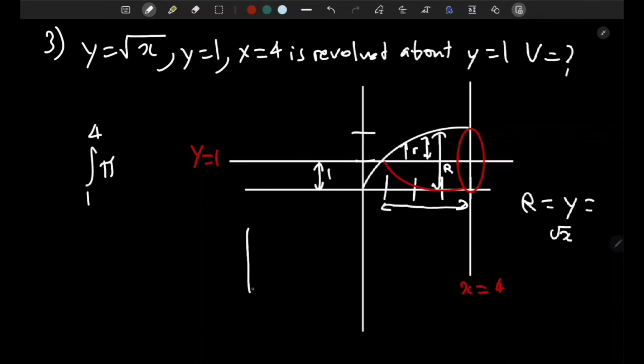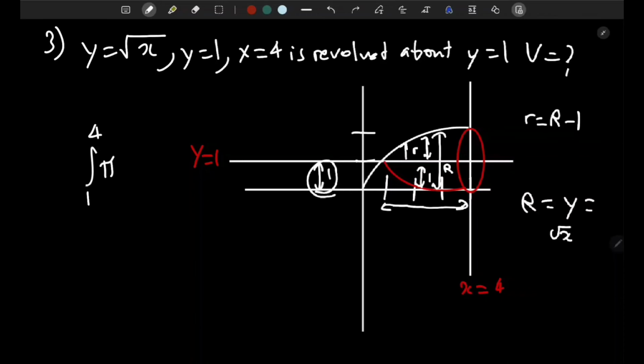So how would we find the lowercase r over here? Let me draw it again. This is capital R, and this is y is equal to 1. We know that this distance is 1, and we need to find the lowercase r.